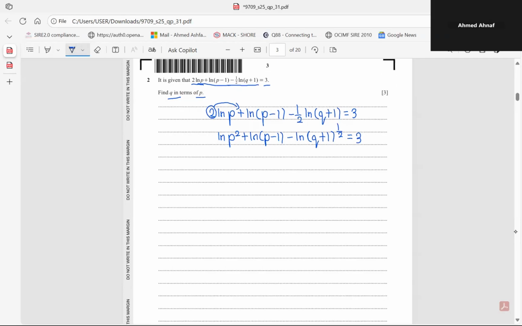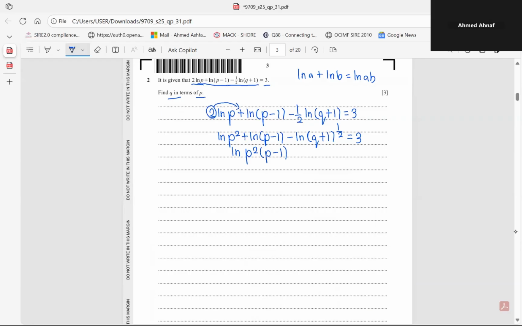Now for the first two terms, we can combine them since they're logarithms with the same base, which is e, and there's a plus sign. According to this rule, ln a plus ln b equals ln ab, so we multiply the logs. We'll have ln p squared times (p minus 1).